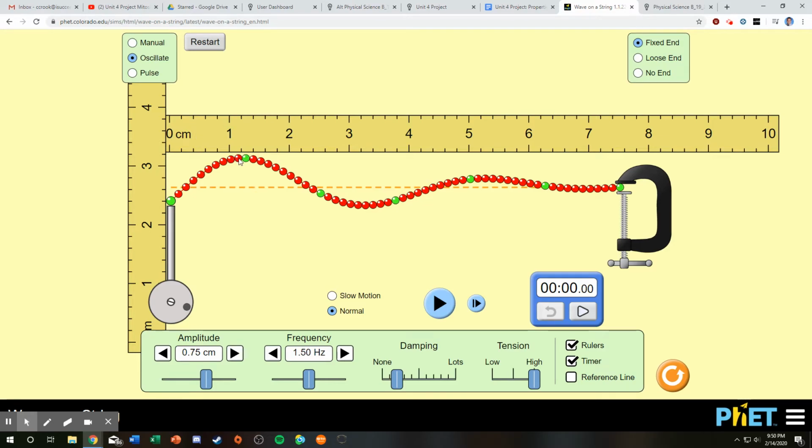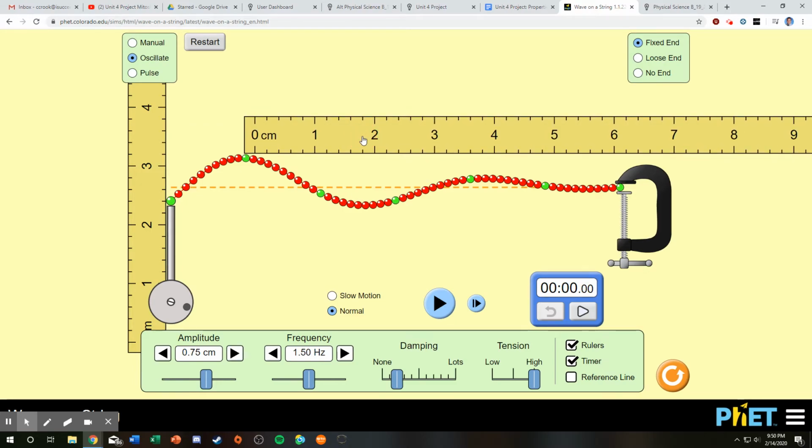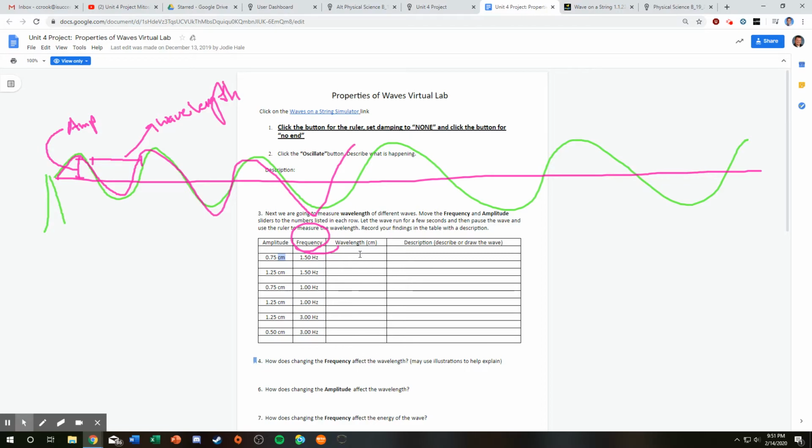So right here, let's pretend that it's right there. We could say that the crest is right there. It's 4 inches or 4 centimeters, right? And so I'd be able to put 4 centimeters here and then describe the wavelength.